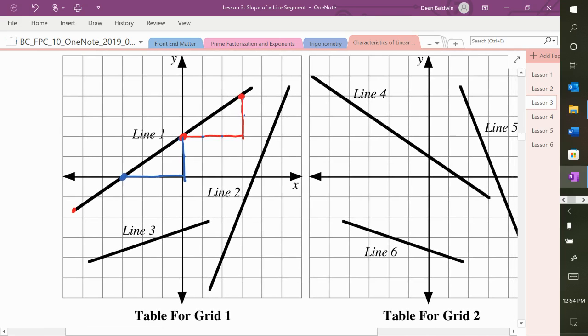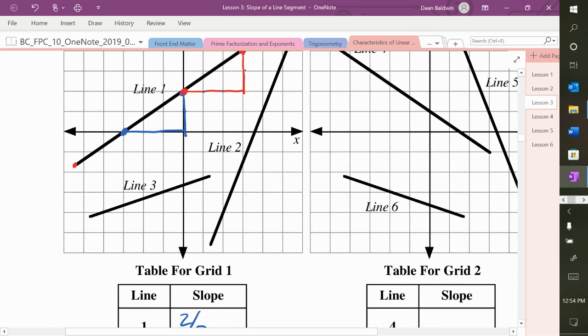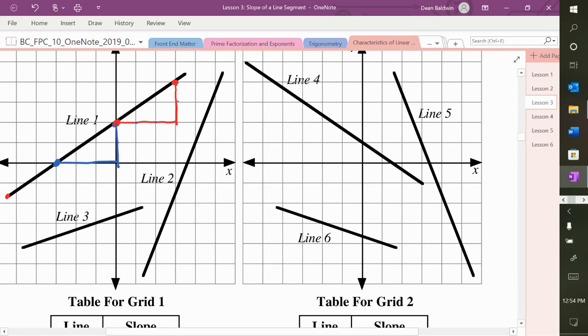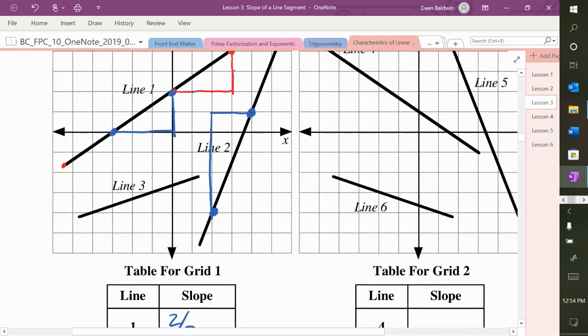All right. We'll do line 2. So let's pick 2 points. I'm going to pick that one and that one. I'm going to draw the triangle this way, just because. What's the slope of that line?